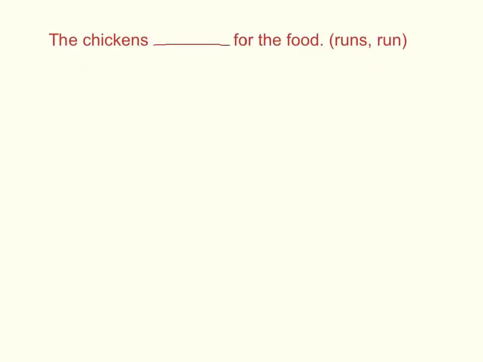All right, now that we've learned about subject-verb agreement, let's take a couple sentences here and see how we do. So in this sentence, the chickens blank for the food. We know that chickens is the subject, and we know that that is a plural subject, all right, because it ends in S, chickens. Does that take a singular verb or a plural verb?